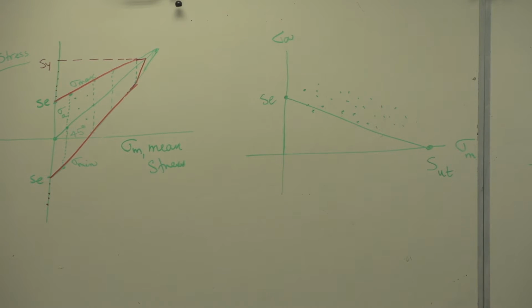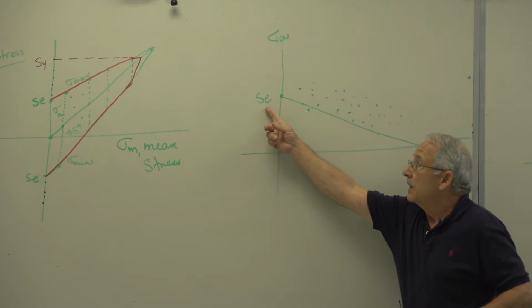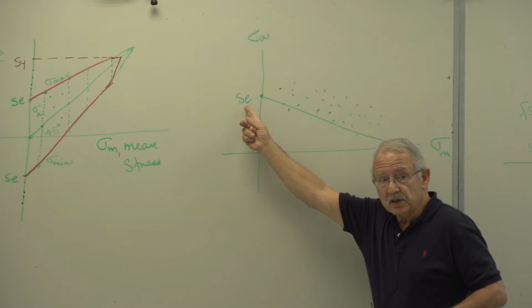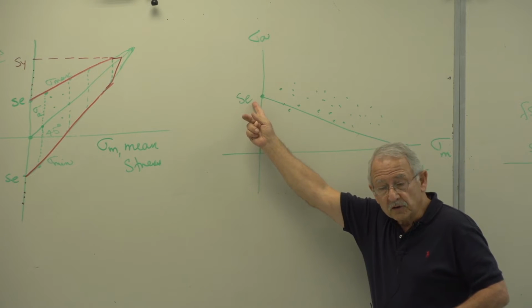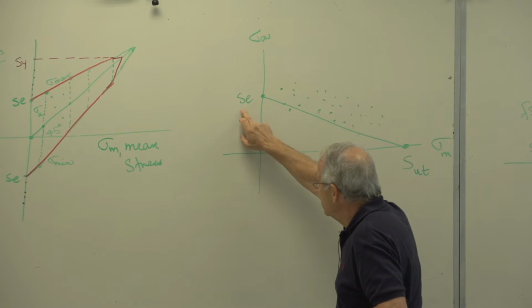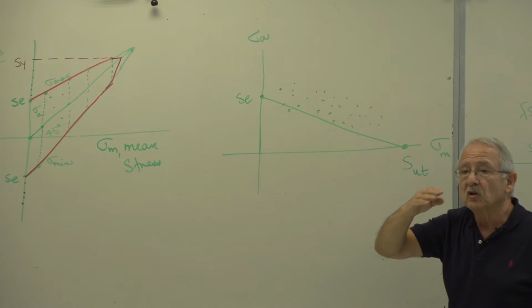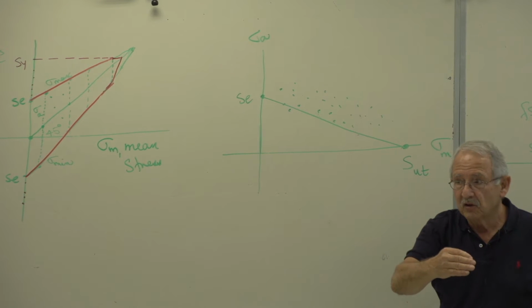Now, this line starts with SE. That's the endurance limit of your part. Therefore, since that is SE, this line indicates the limit of loading for infinite life.